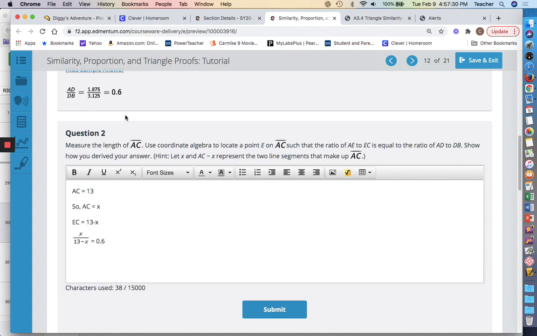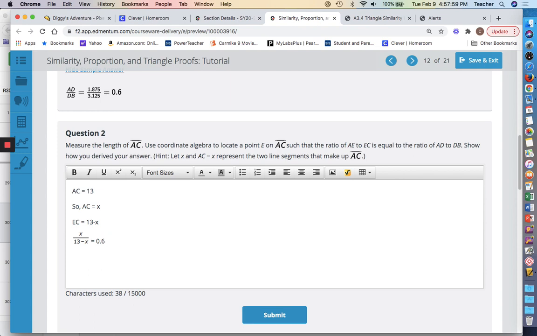Okay, so it looks like I've got to solve an equation here. If 0.6 over 1 was a proportion, I would cross multiply, so I think that's what I'm going to have to do. I'm going to do the opposite of dividing by 13 minus x, and that's to multiply by 13 minus x.